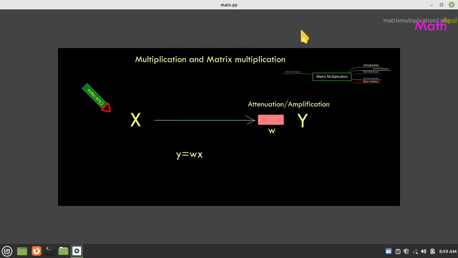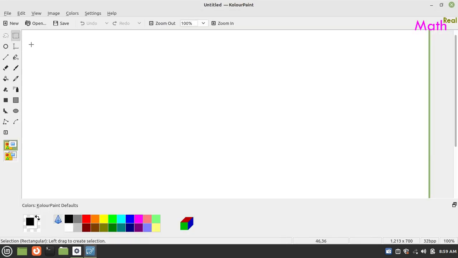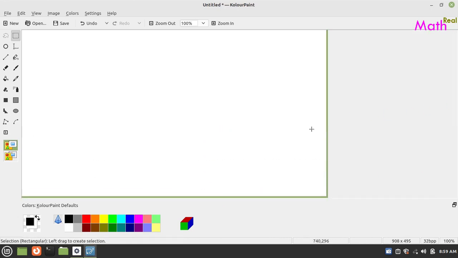What about this? I have a signal. There is an electronic circuit and it receives a signal from somewhere.